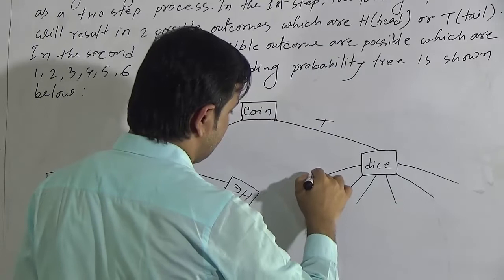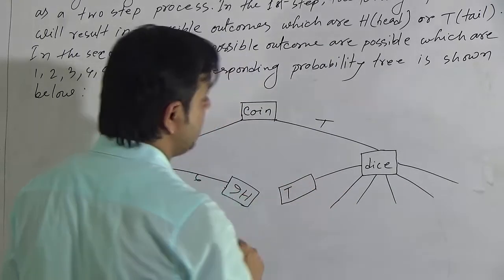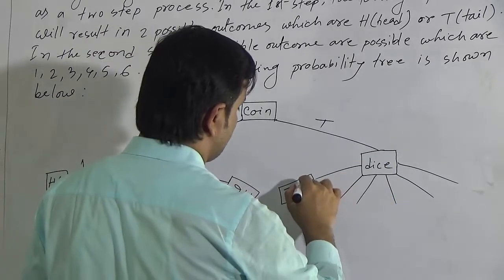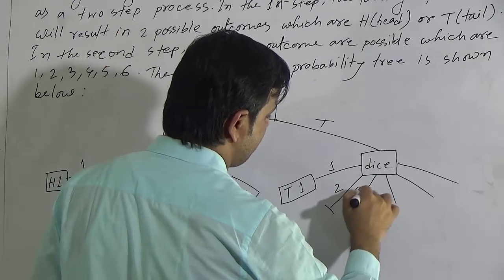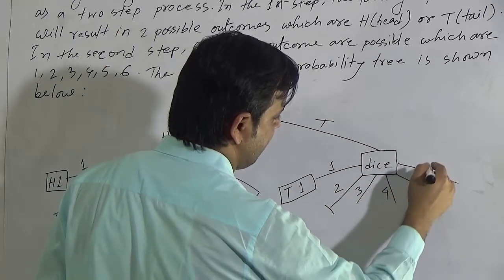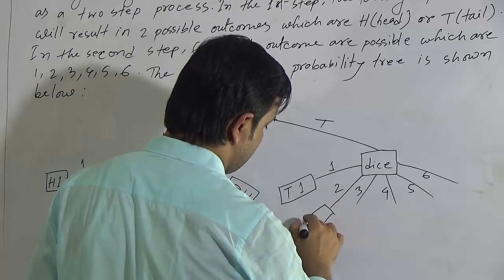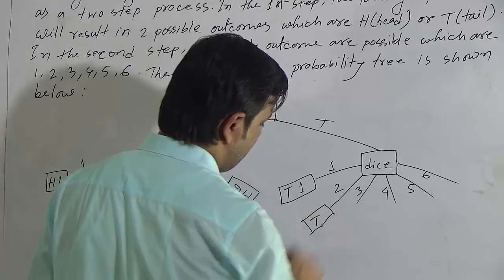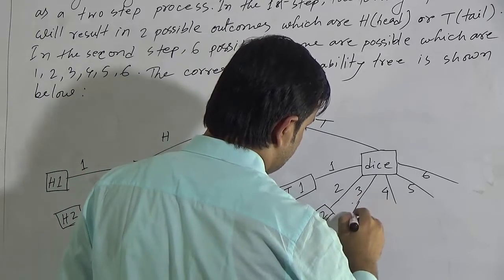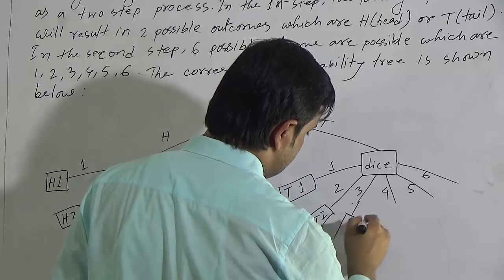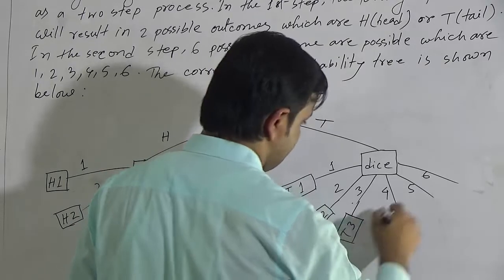The 6 outcomes are, we have to write here tail in coin and 1 in dice, 2 in dice, 3 in dice, 4 in dice, 5 in dice, 6 in dice. So we will get here tail in coin, 2 in dice. So we will get here tail in coin, 3 in dice.